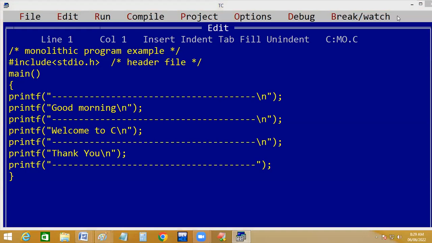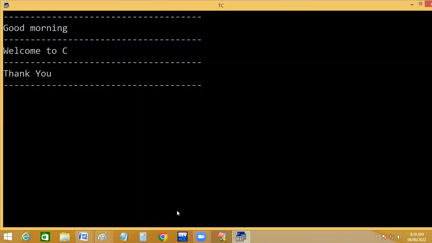It is the monolithic programming example. Complete, and it is the output of this program. Okay. Next, it is the POP programming.